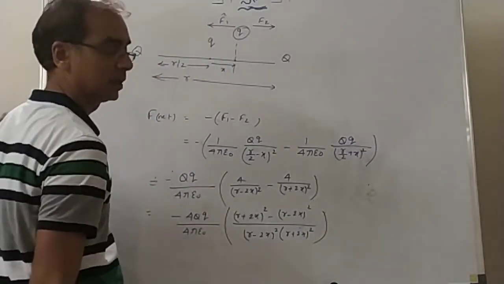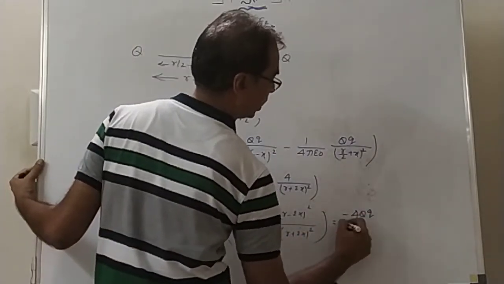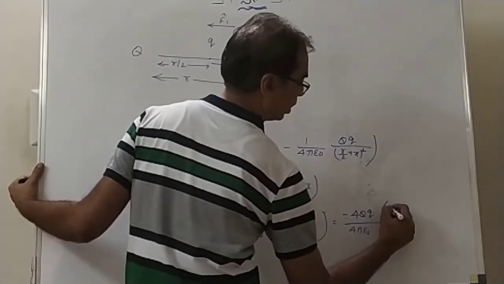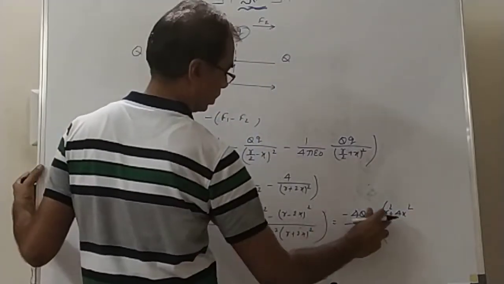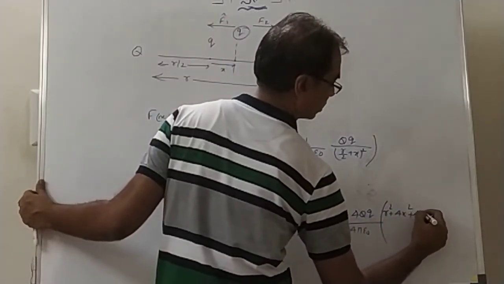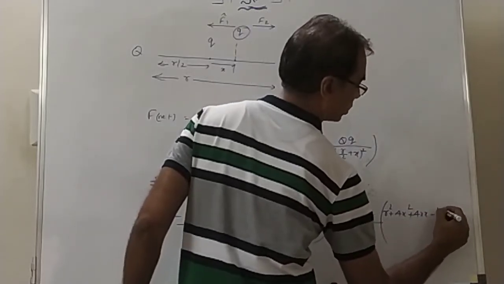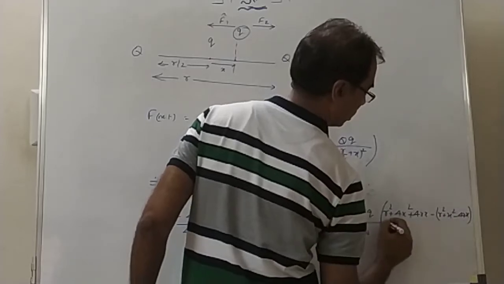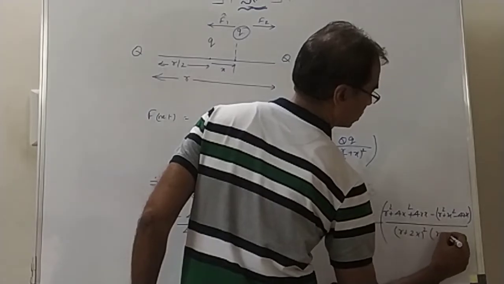Open this in the numerator: r square plus 4x square plus 4rx, minus for this one r square plus 4x square minus 4rx, by r plus 2x whole square and r minus 2x whole square.